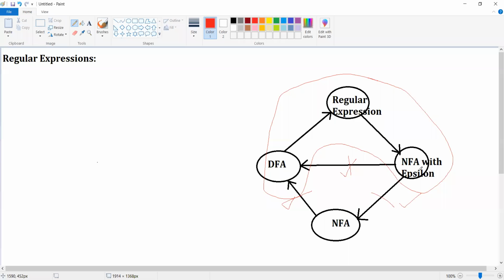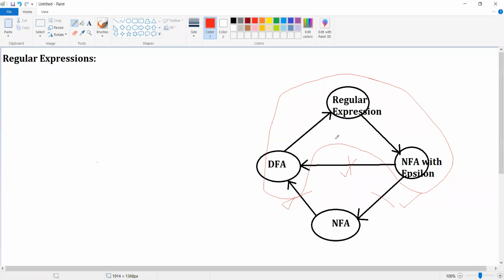Does it mean that if you have a regular expression, we can't construct the DFA? Yes, we can easily construct the DFA. How? If you have a regular expression, construct the NFA epsilon, and once you have NFA epsilon, you can easily find the DFA. Please try to understand, it is a transitive kind of relationship.